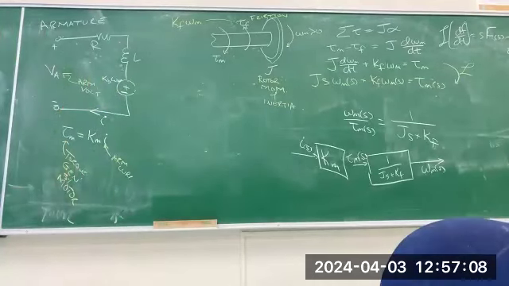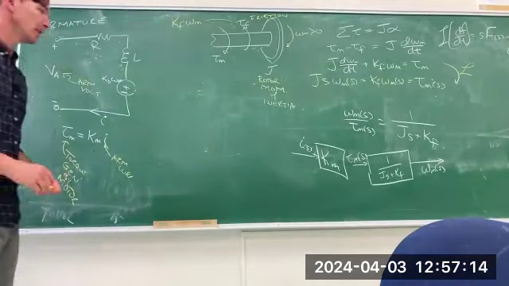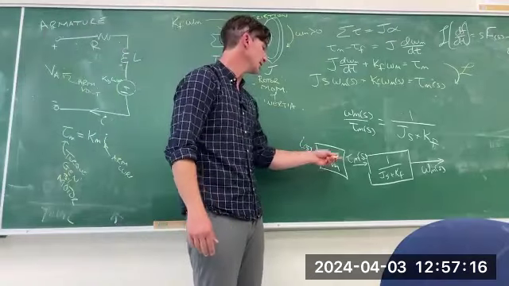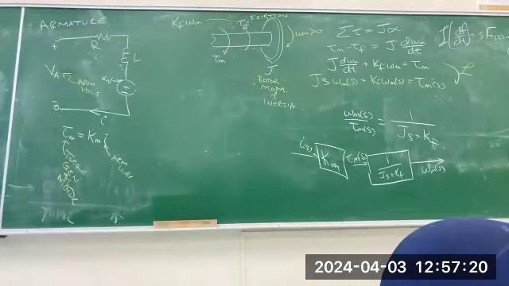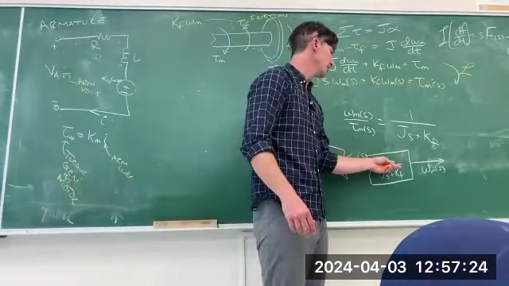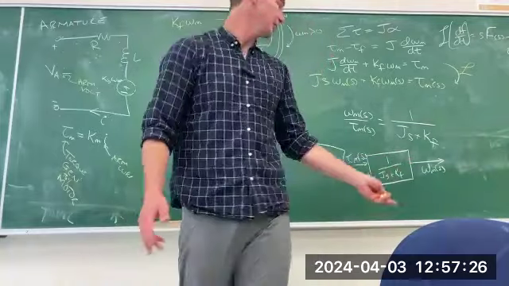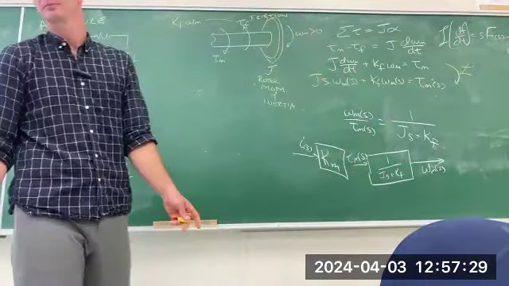Transfer functions, one of their main jobs is to transform units. The units of Km would be newtons per amp. Probably the units of this one would be something like rads per second per newton, something like that.